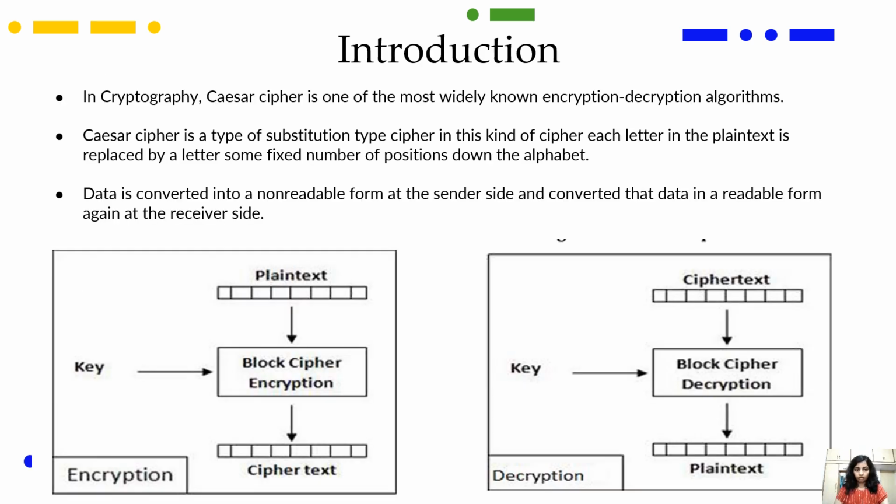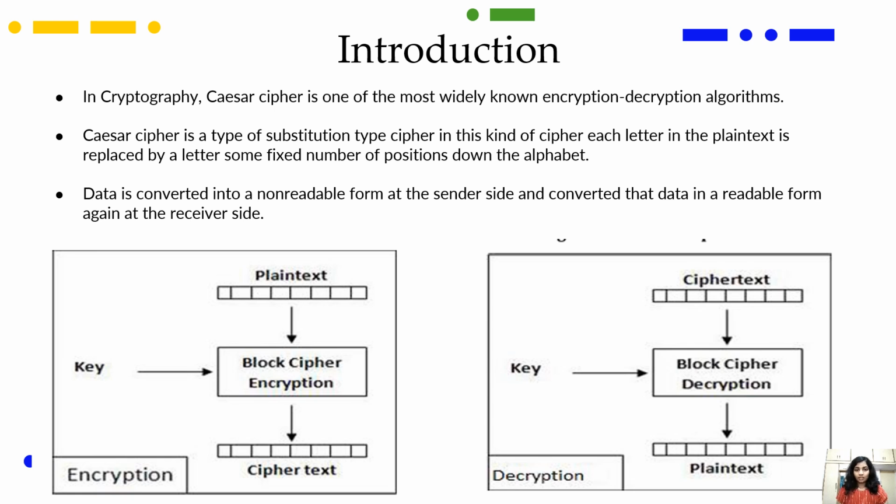In cryptography, Kaiser cipher is one of the most widely known encryption algorithms, and it also performs decryption. Kaiser cipher is a type of substitution cipher. In this kind of cipher, each letter in the plain text is replaced by a letter some fixed number of positions down the alphabet.